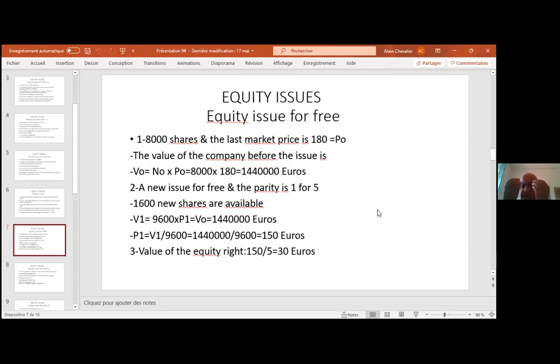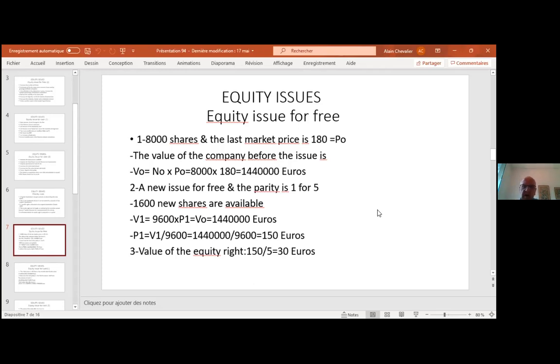At the time the issue is announced, if you are the owner of 1 old share, you get 1 new share and 1 equity right. It means your old share is split in 2 parts: a share, which we call the new share, and an equity right.